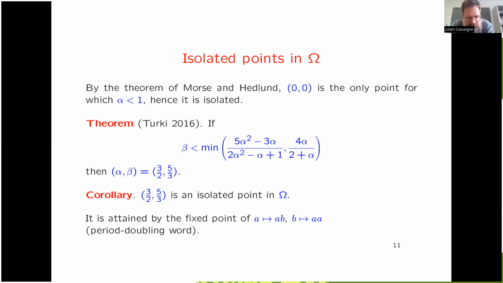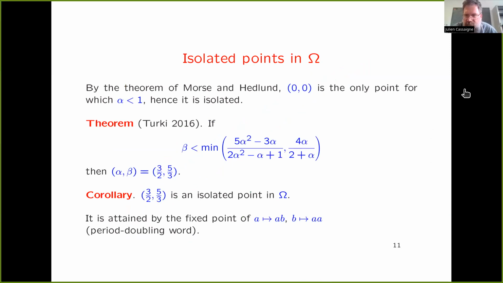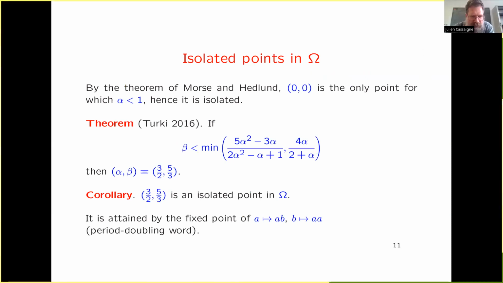And the bound is given as a minimum because there are several conditions that must be fulfilled to prove that the point is necessarily this one.